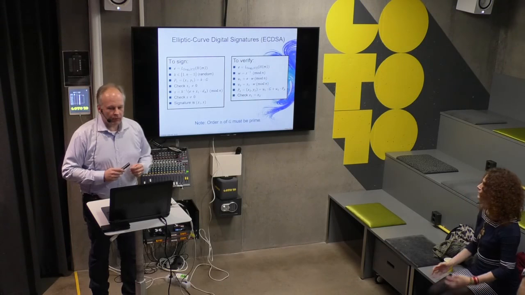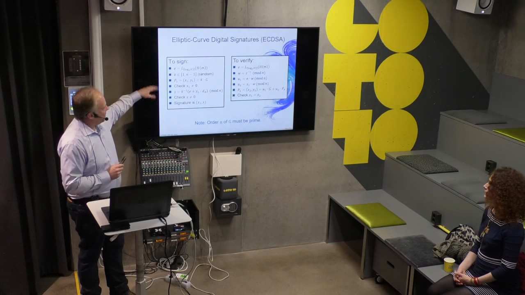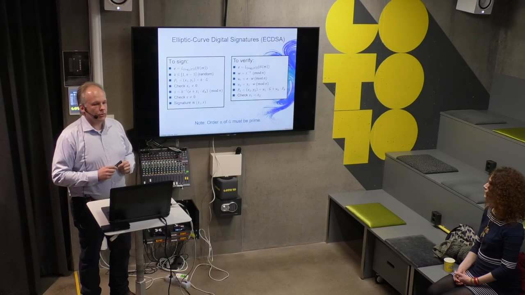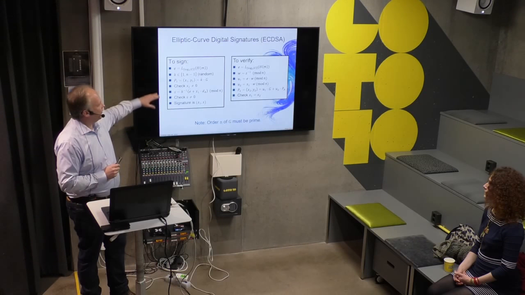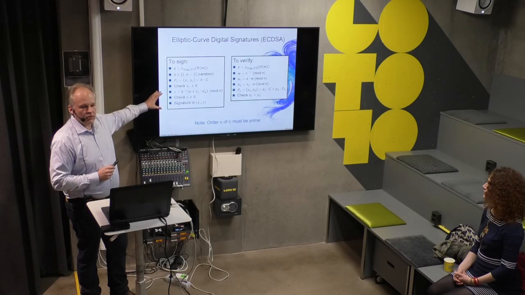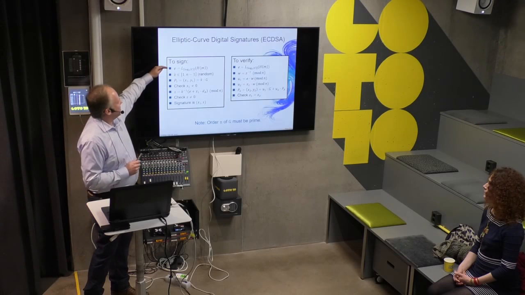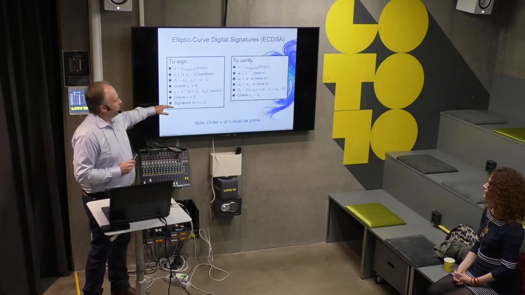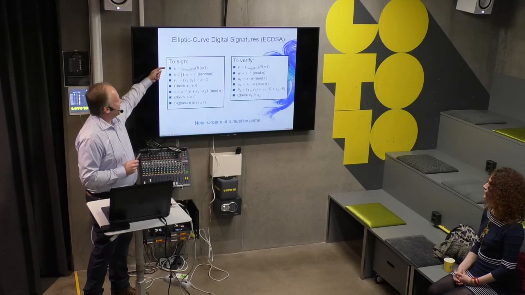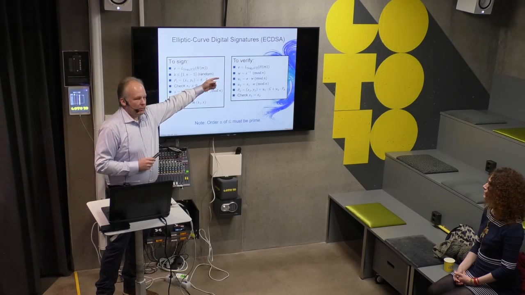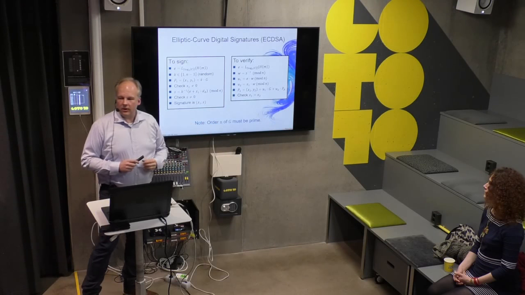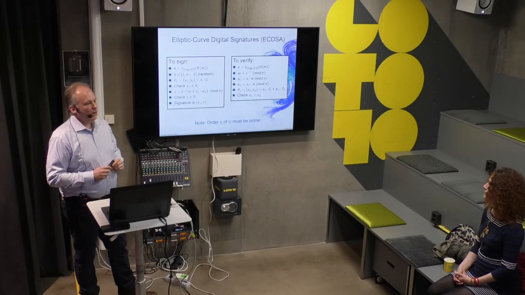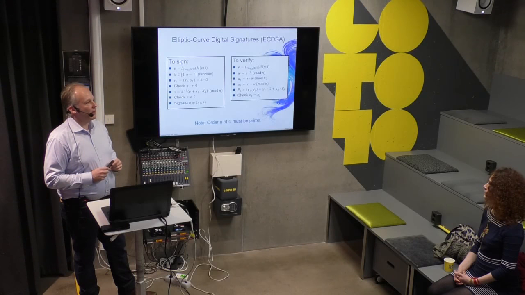Signatures, I will not bore you with these because they might not seem intuitive, but there are steps of calculations you do to sign a message with your private key, and given the public key, there is another range of calculations you can do to verify.